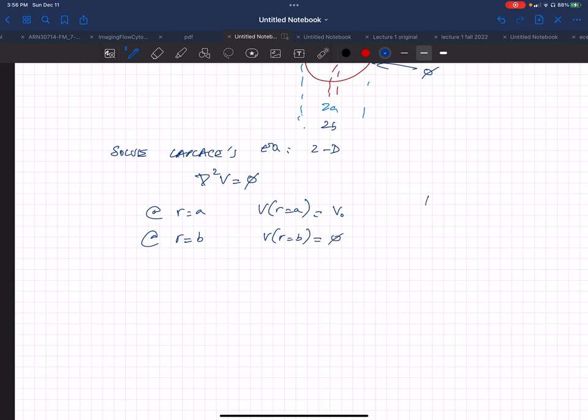So in this case, potential does not have a phi or z component.